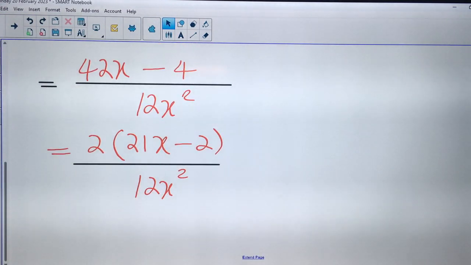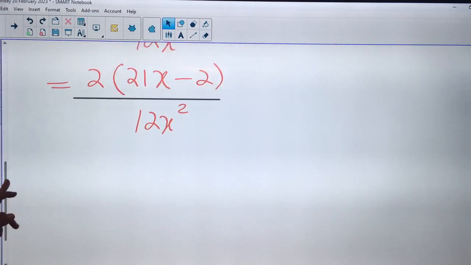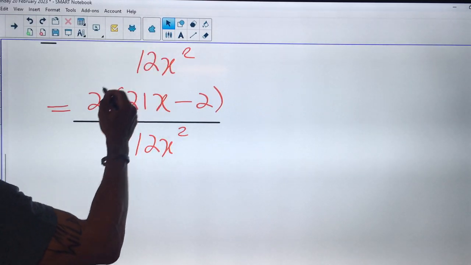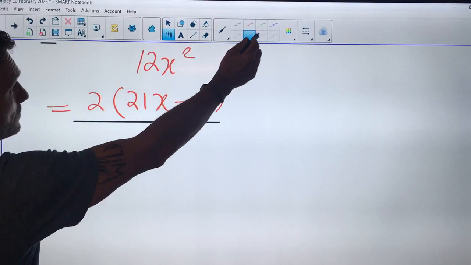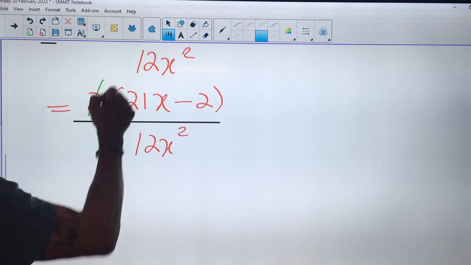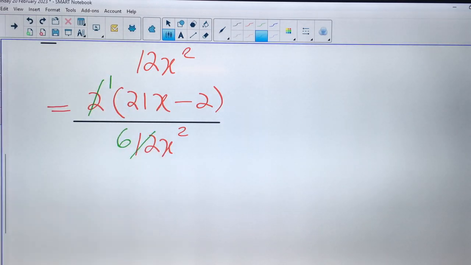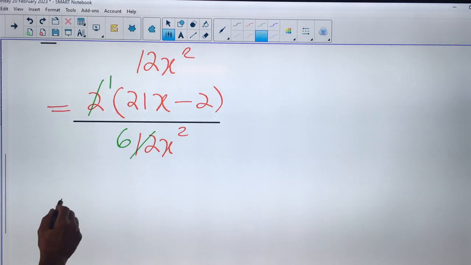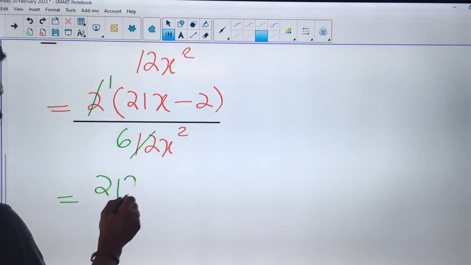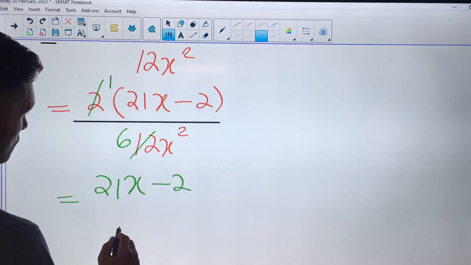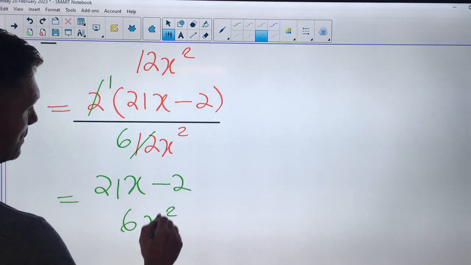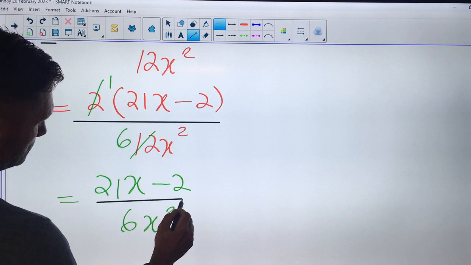And there's one more thing that we can do, since the top part is factorized now, and it's only one term. This 2 divides into itself once, and into that one 6 times. So we are left with 21x minus 2 over 6x squared.